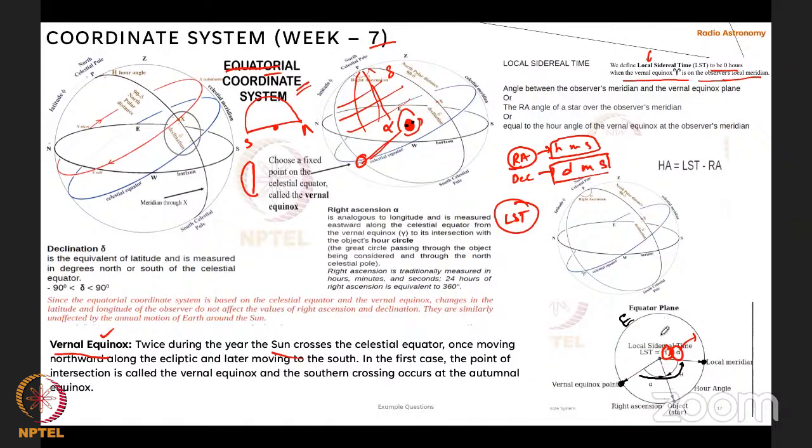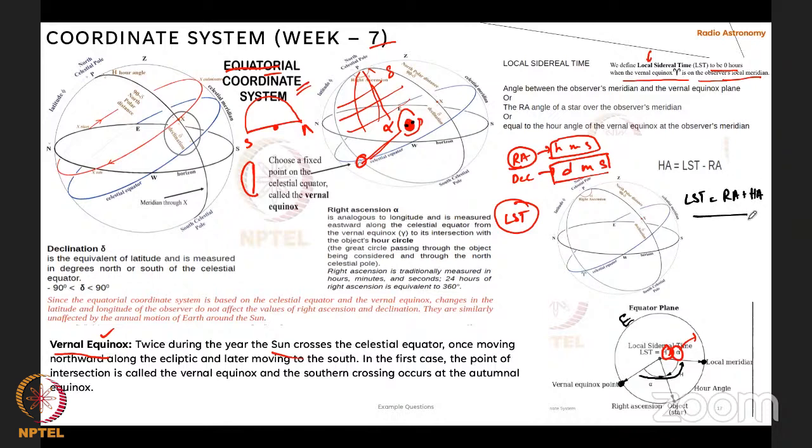Okay, so there is a simple relation between local sidereal time and hour angle, which is: LST is equal to RA plus hour angle.